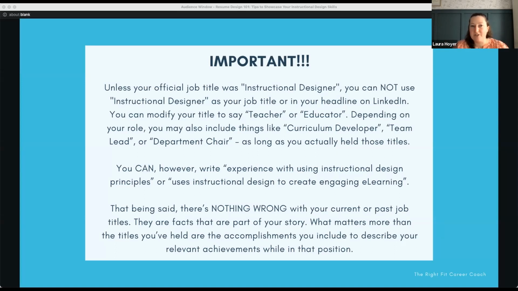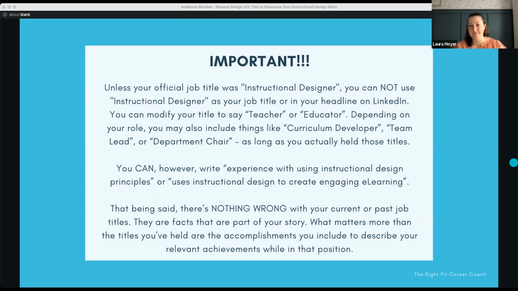Your title could have been chief cheerleader, and as long as your accomplishments describe the skills and results related to the job that you want, it won't really matter what your title was. So I want to say that first, because that is a very common misconception. I want to clear the air about that before we dive into writing your accomplishments. I'm going to take a sip of water really quick.